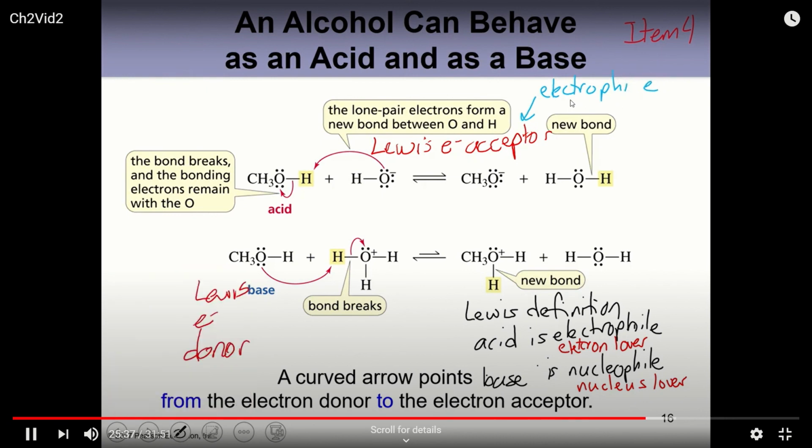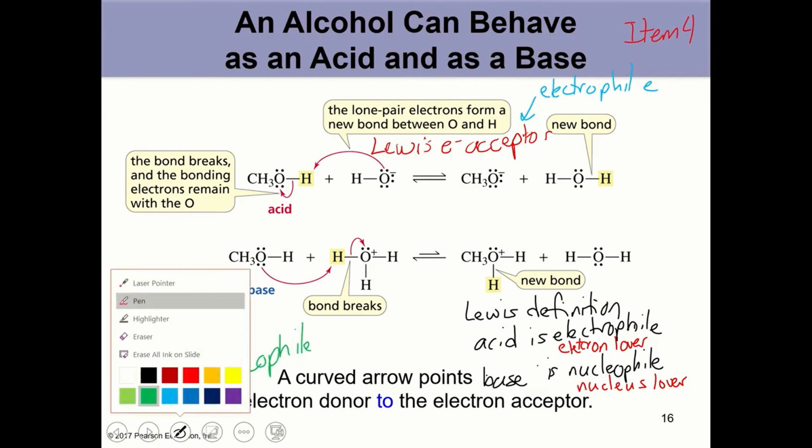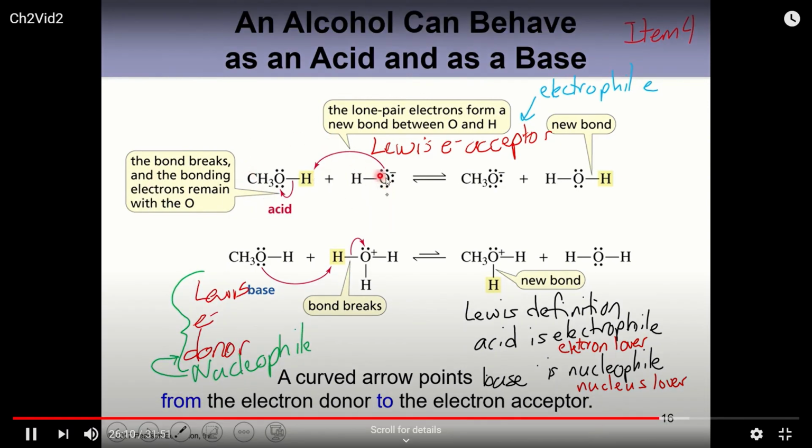What are the characteristics of this electrophile? An electrophile can be identified by certain characteristics, and we will discuss those characteristics on another slide. But in this case, we have the electrons from hydroxide being donated to make a bond to the partially positive hydrogen.